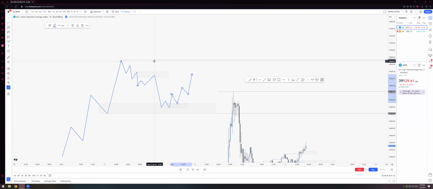Right now, what we're just looking at is marking up and understanding market structure and order blocks. We haven't talked about price action, which is basically the type of entries we're going to be looking at.